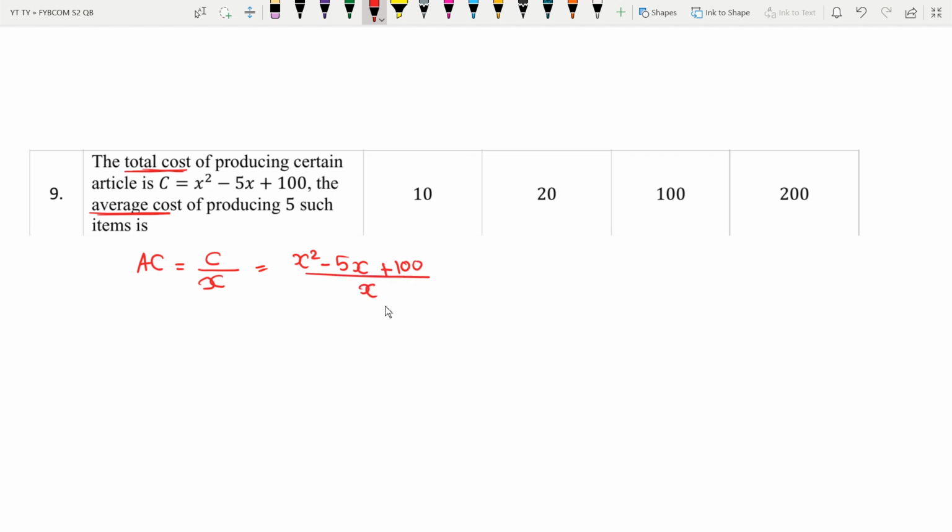If I divide it by x, it becomes x square divided by x minus 5x divided by x plus 100 divided by x. Since I assume x is not equal to 0, the number of units produced, I can cancel this. So at the end I get x minus 5 plus 100 by x. This is my average cost formula.